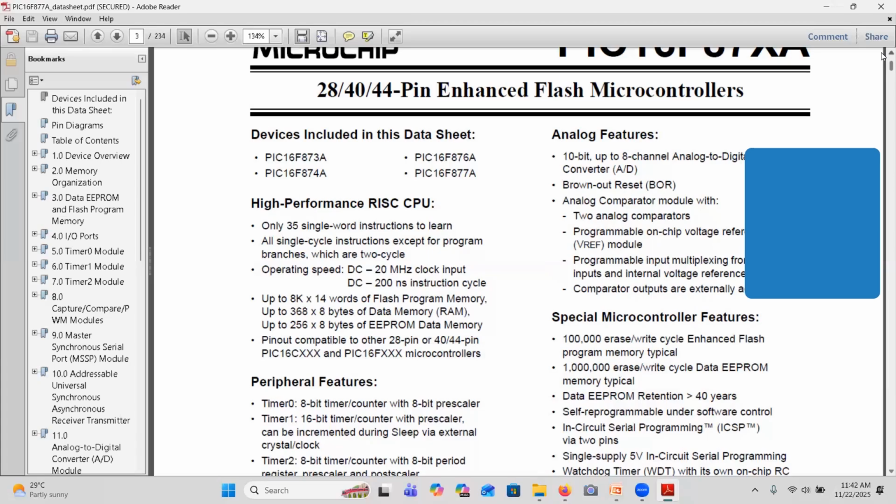No, 10-bit is a resolution, that I agree. The 10-bit accuracy you will get for the digitized value. What do they mean by 8-channel? If I give 8 inputs in 8-channel, will the analog to digital converter digitize all 8 in one go?